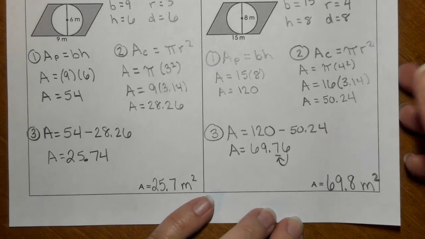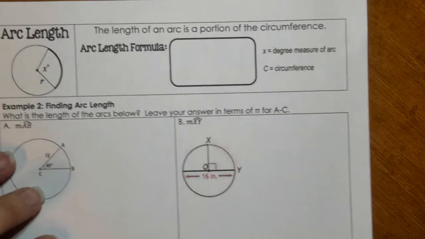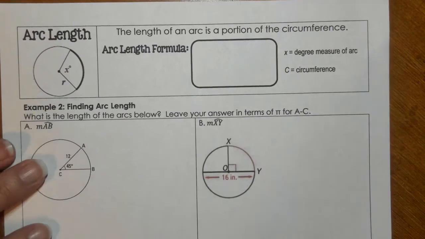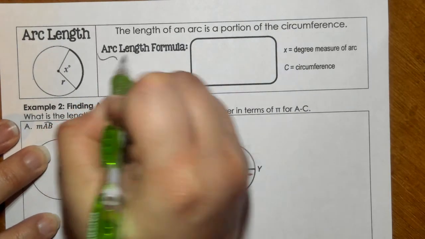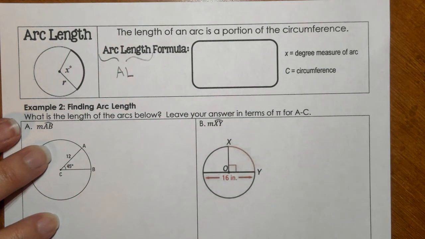Okay, now for the arc length, which is something new, first of all, you need the formula. So for arc length, I'm just going to say that this is AL. I don't want to use A because A represents area.